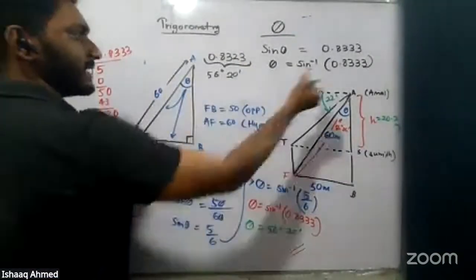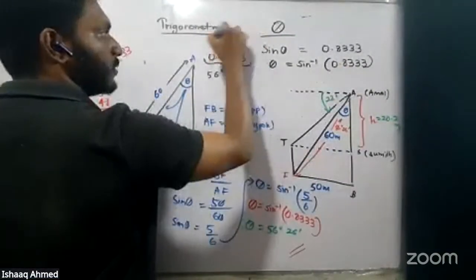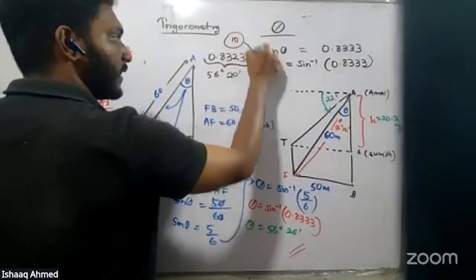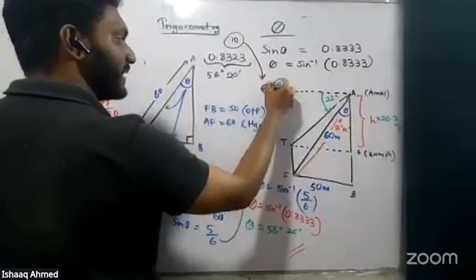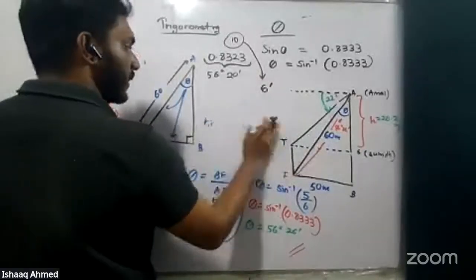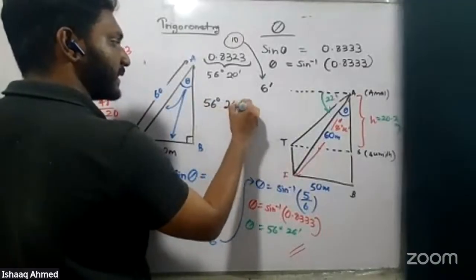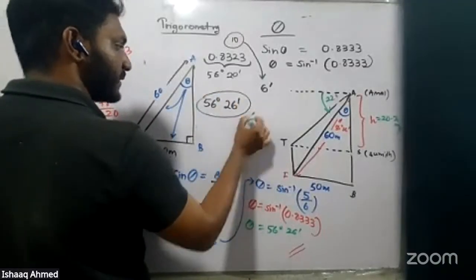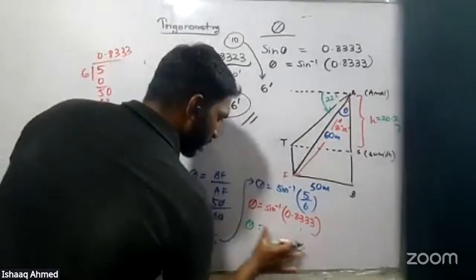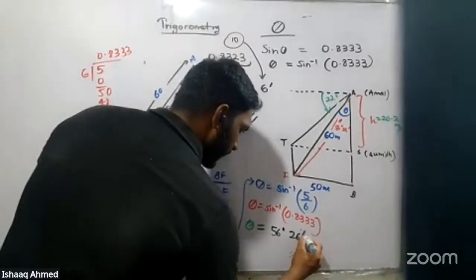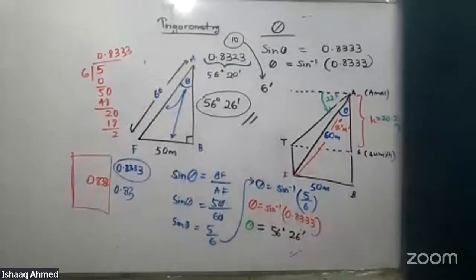Then how much is the difference? 10. You find that in the mean difference column, 10 is there in the 6th minute. Then you add it, and finally 56 degrees 26 minutes is the value for theta.